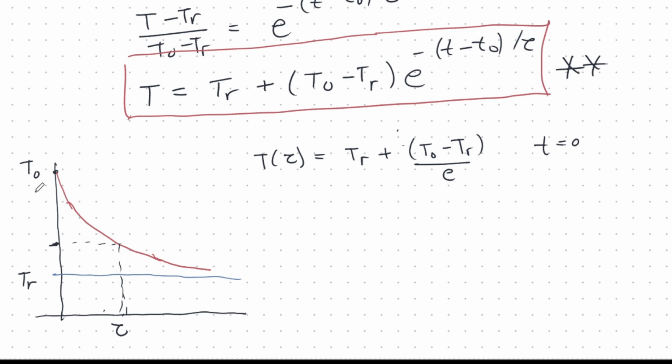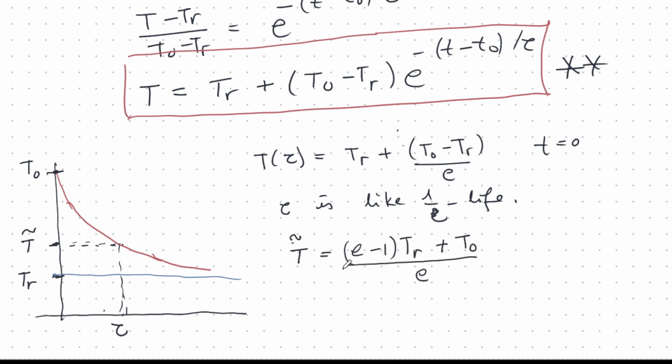So it's the 1 over e point where it has dropped by 1 over e of its entire range from T0 to TR. So that's very interesting. That's kind of like half-life, but 1 over e life. So tau is like 1 over e life.